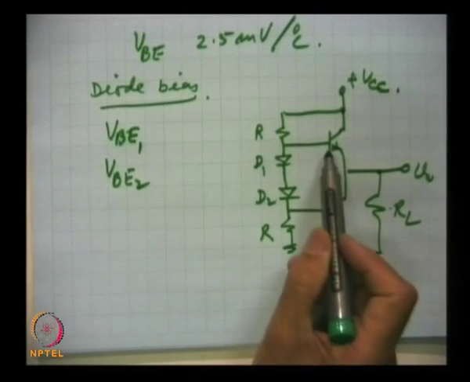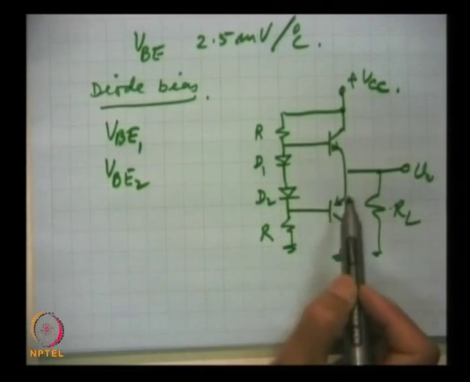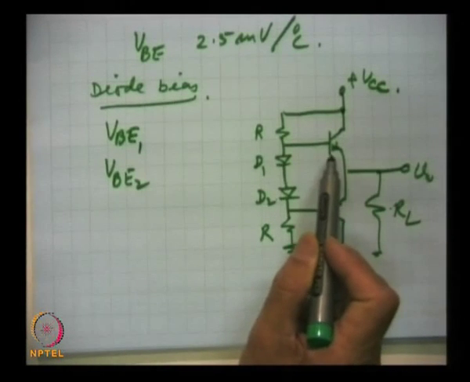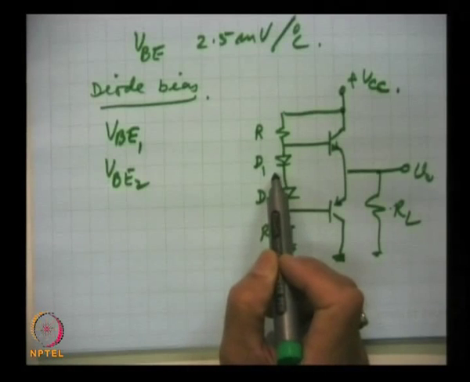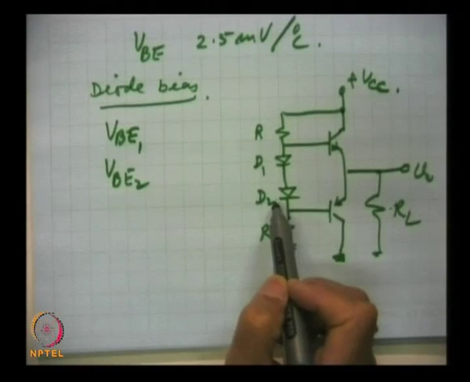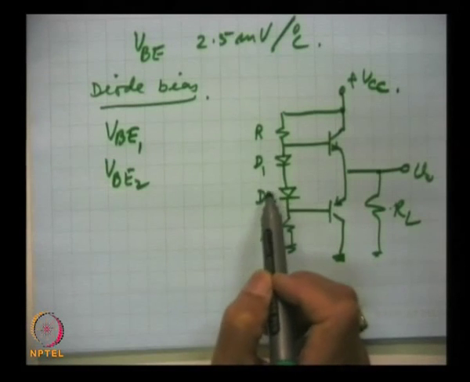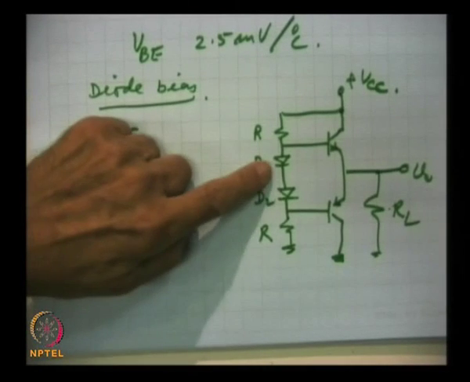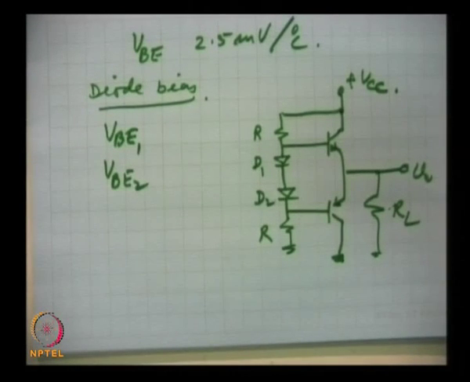Because the characteristics of these base-emitter junctions are the same as these diodes, the same changes will occur in these diodes, and that will take corrective measures, and the operating point will not shift because of this temperature variation in particular.